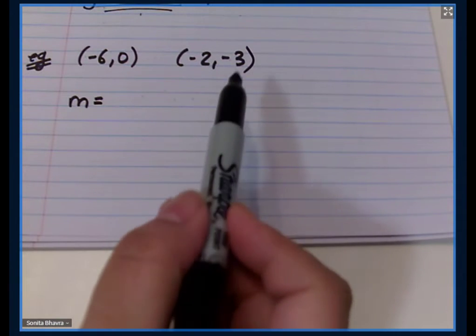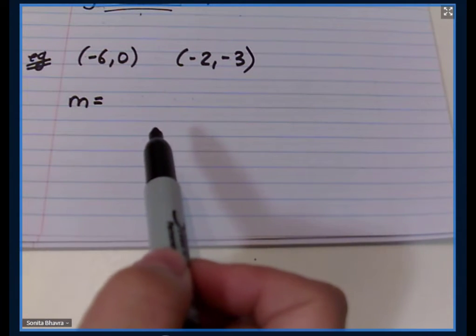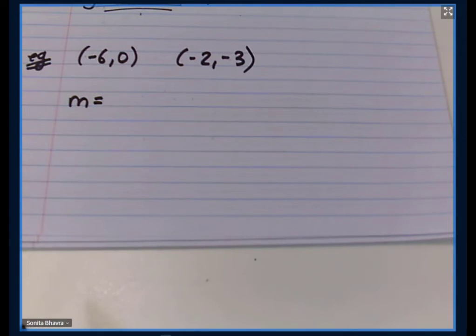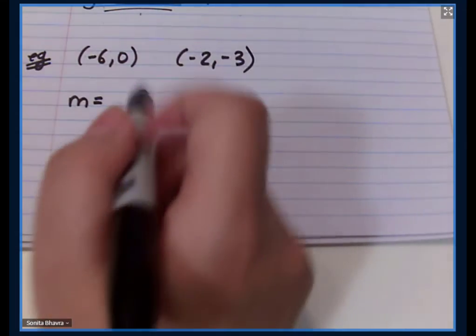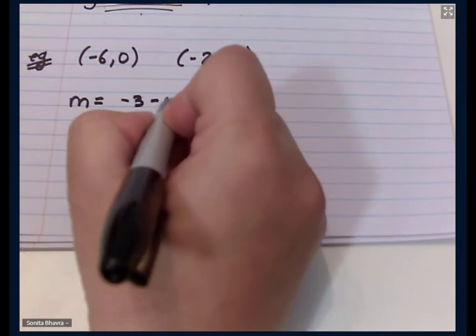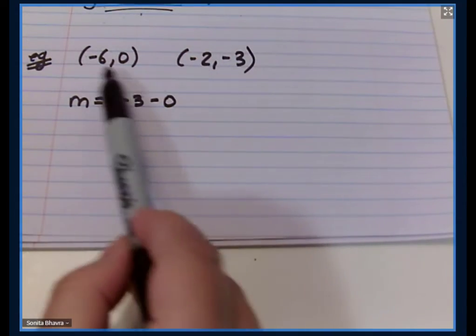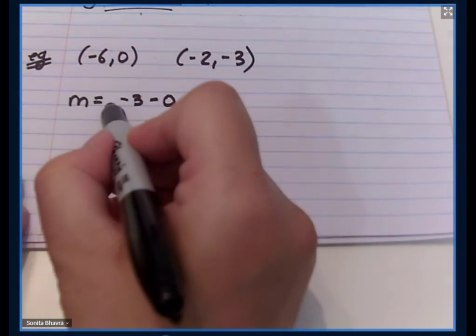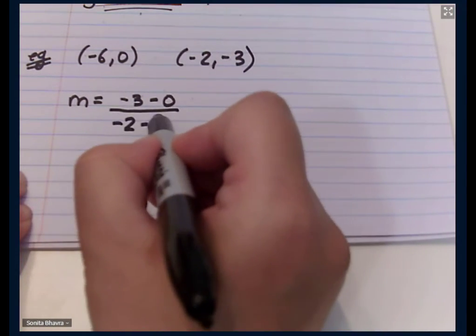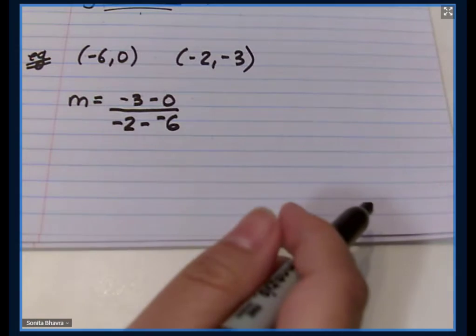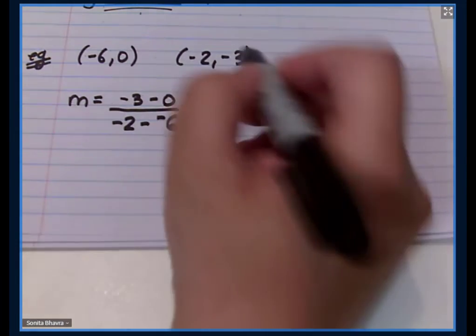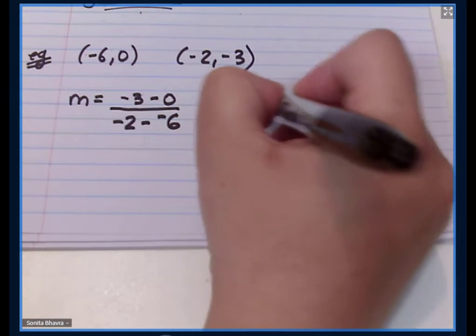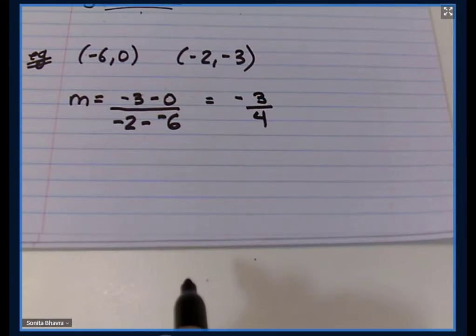We subtract our y points divided by, we subtract our x points. So we subtract negative 3 minus 0, and then negative 2 minus negative 6 to calculate our slope. Put that into your calculator, and we get a slope of negative 3 over 4.